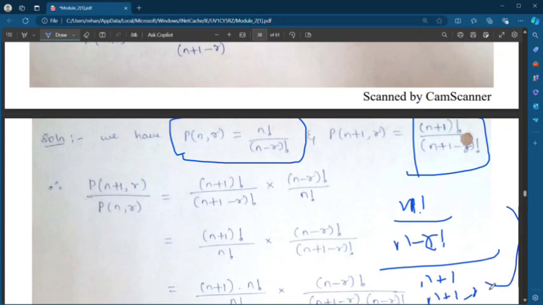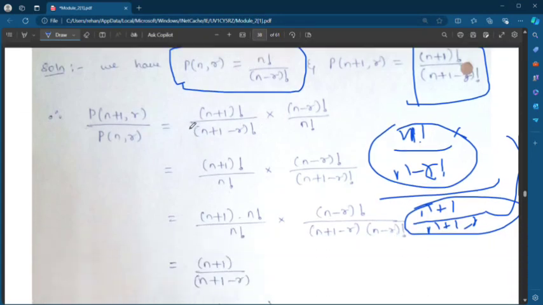So what was in the denominator will go to the numerator, right? Same way, but here they have taken this first, so this is in the numerator and this is in the denominator. If you take this up, it will just become inverted. That's it, right?